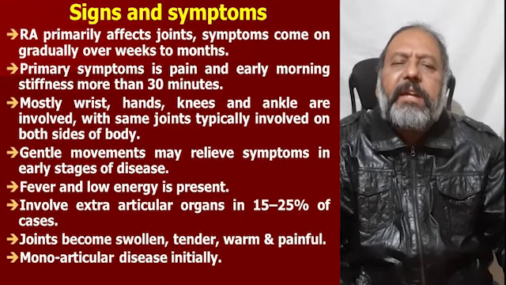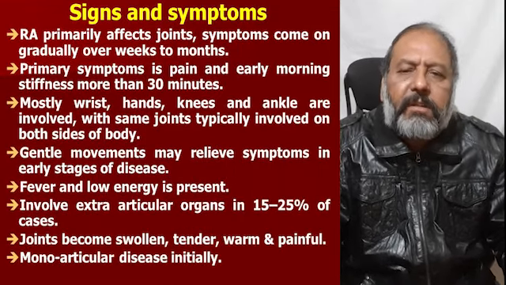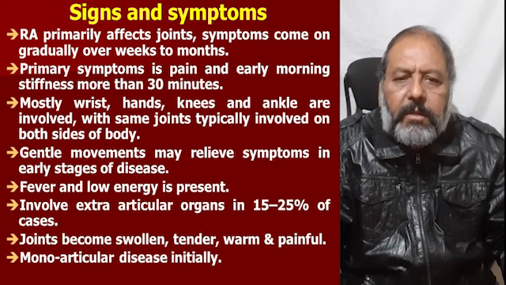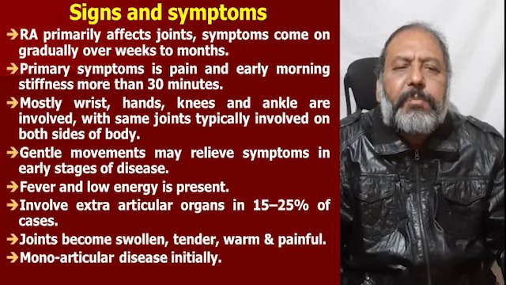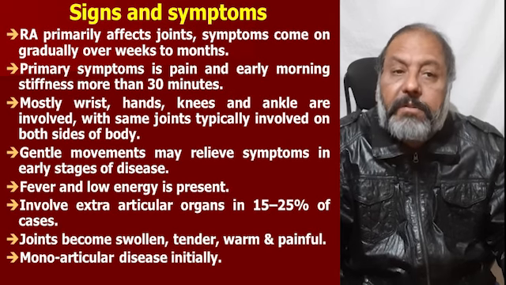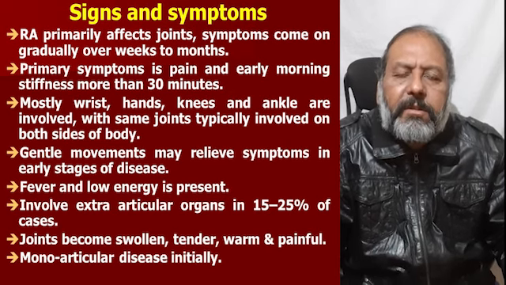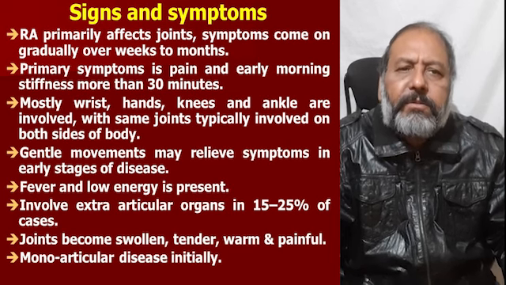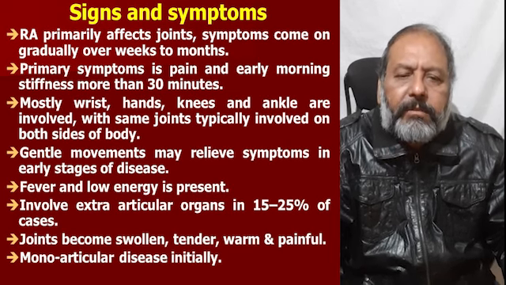Now, the signs and symptoms of rheumatoid arthritis. Rheumatoid arthritis primarily affects the joints. Symptoms come on gradually over weeks to months. The primary symptom is pain and early morning stiffness, which is always more than 30 minutes, and this is a very important point in the diagnosis of rheumatoid arthritis also.